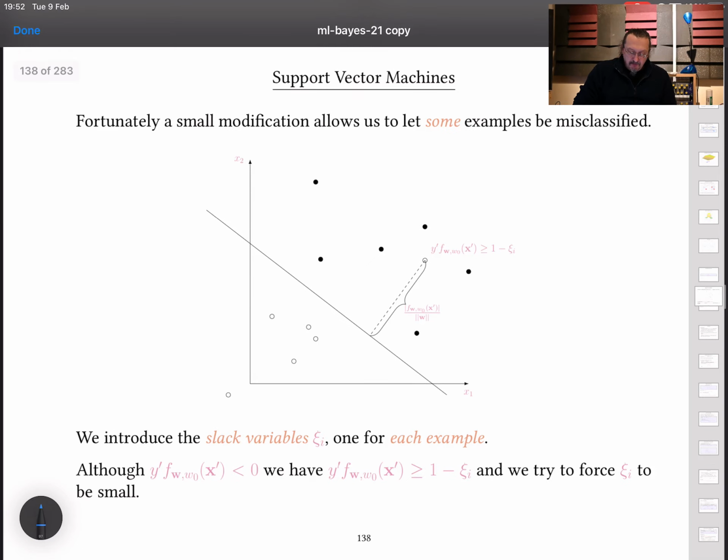Okay. Well, we have to think first a little bit about what happens in this scenario when an example is misclassified. This diagram shows precisely that situation, where we have this one example which is misclassified. It's on the wrong side of the decision boundary.